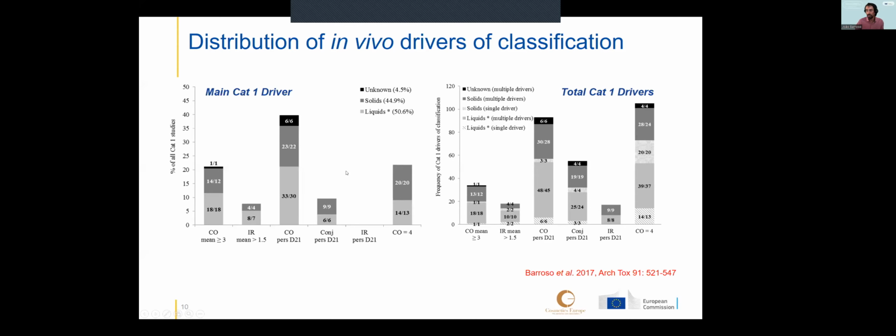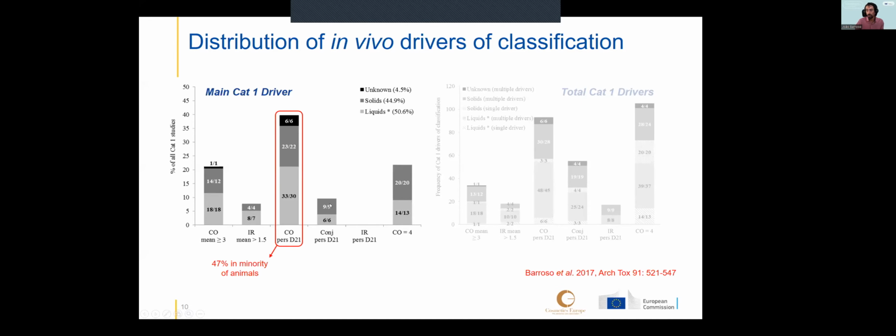On the left-hand panel, you see the main driver, the one we consider the main driver based on the number of animals. And if you look at this, you can see that for category 1 chemicals, corneal opacity is much more important than iritis. And some of these chemicals with iritis also show corneal opacity. It just so happened that for some, there were more animals with an iritis score above cutoff than for corneal opacity, but corneal opacity would still be involved there. And you can see also that corneal opacity persistence is much more important than conjunctival persistence.